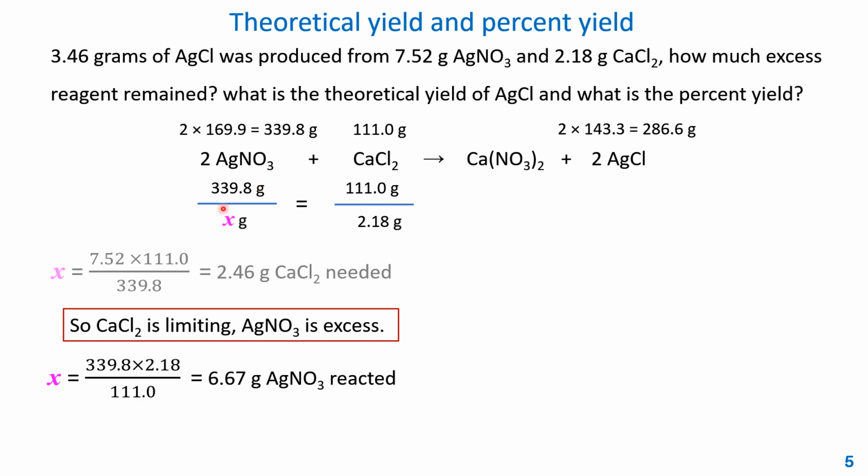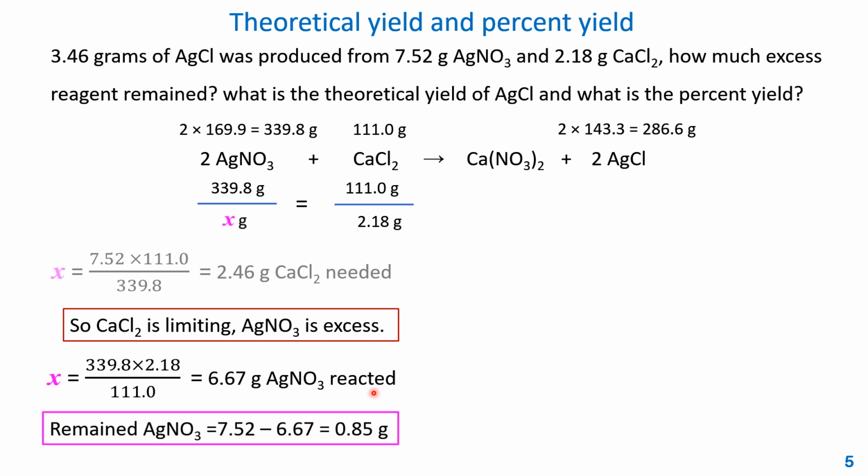Based on this proportion, we can calculate 6.67 grams of silver nitrate will be consumed, reacted. So what's left? The remaining silver nitrate, the excess reagent, will be the original amount 7.52 minus 6.67 that reacted. So left over is 0.85 grams of silver nitrate. That solved the first question.